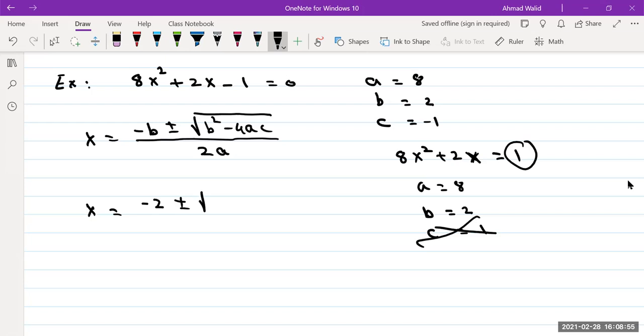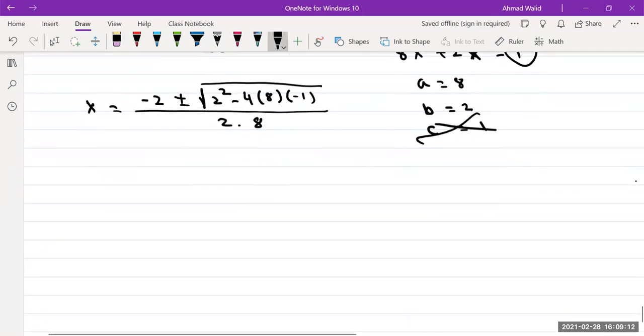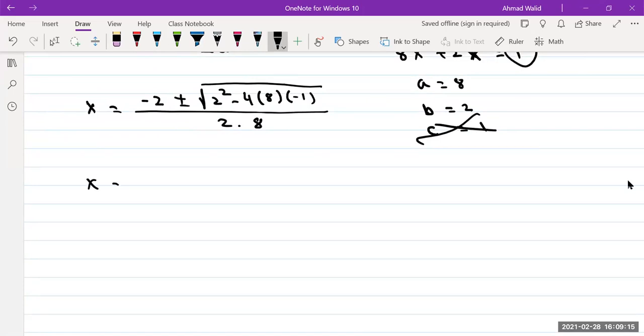Plus minus a square root of 2 squared minus 4 times a, which is 8, times c, which is -1, over 2 times 8, 2a. Simplify. X equals -2 plus minus a square root of 4 plus negative times negative gives you positive, 4 times 8, 32, over 16.